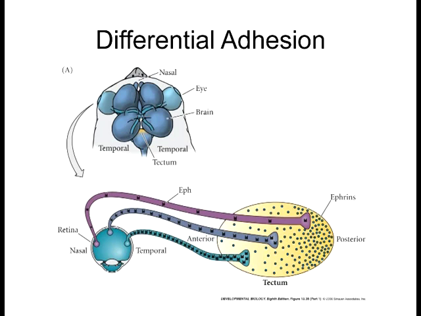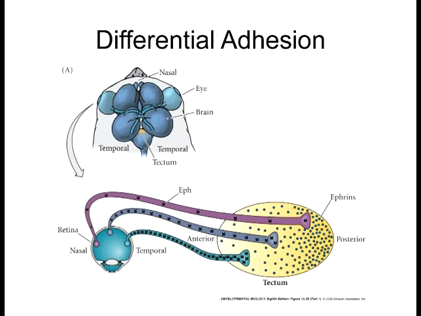You get these gradients of things like ephrin. So here's an ephrin ligand. It's a very high concentration in the posterior end, very low concentration in the anterior end of the optic tectum. Well, as the neurons are projecting in, each one originates from a different region. This one originates from the temporal region that will go with the temporal lobe. This is from the other region.